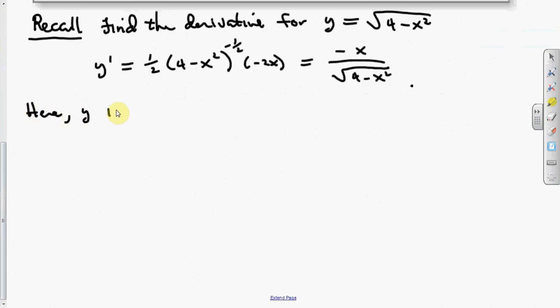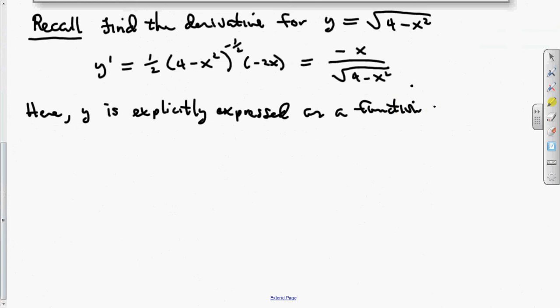But what if we want to find the derivative of y implicitly? Okay.